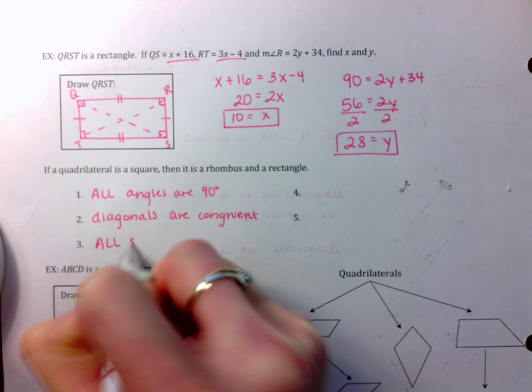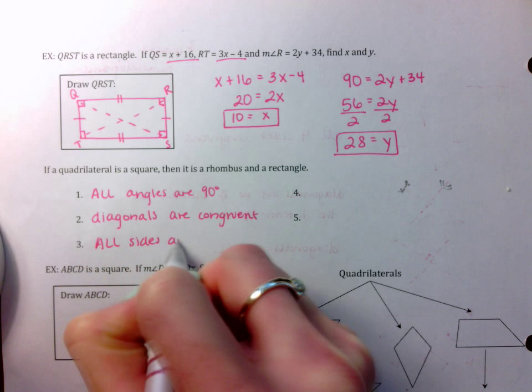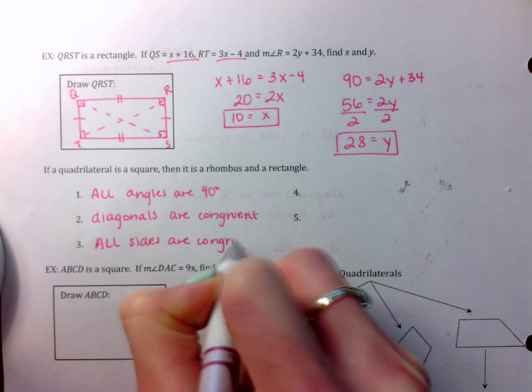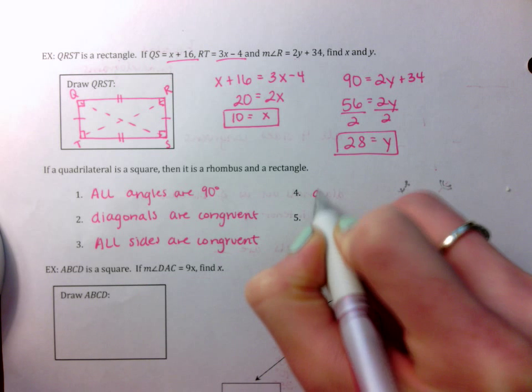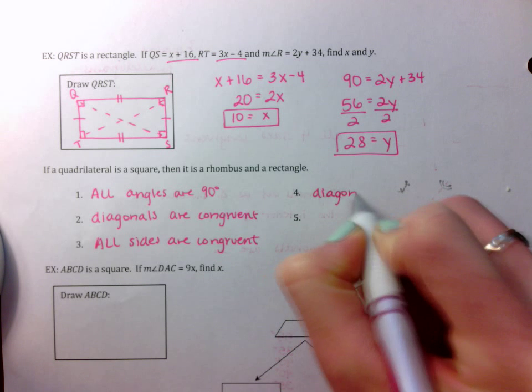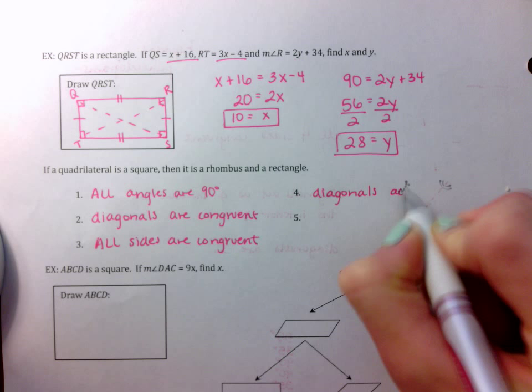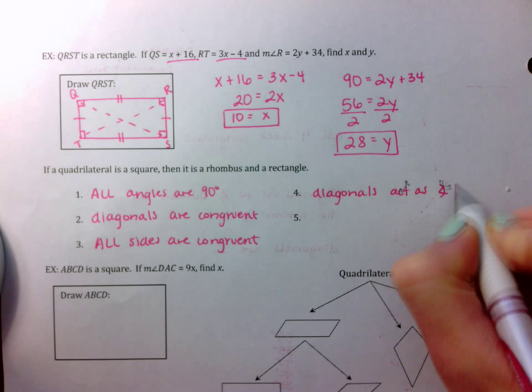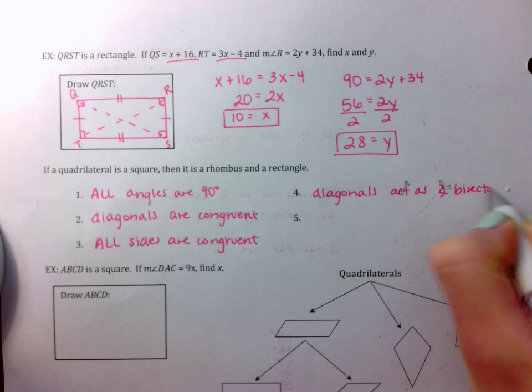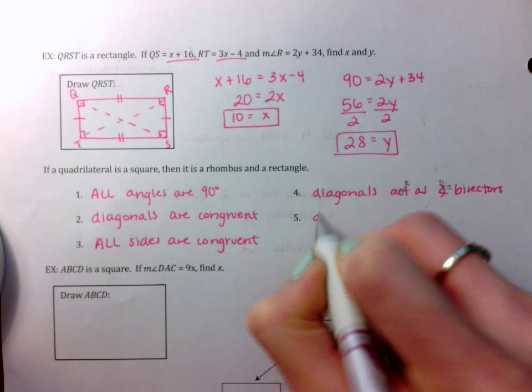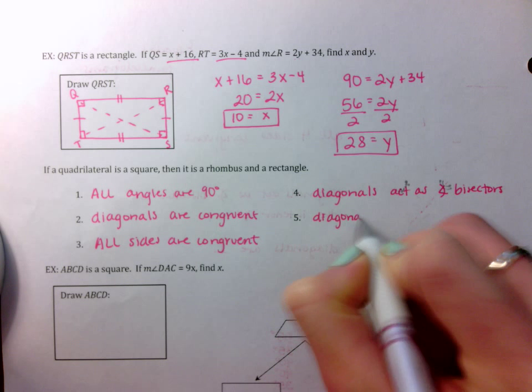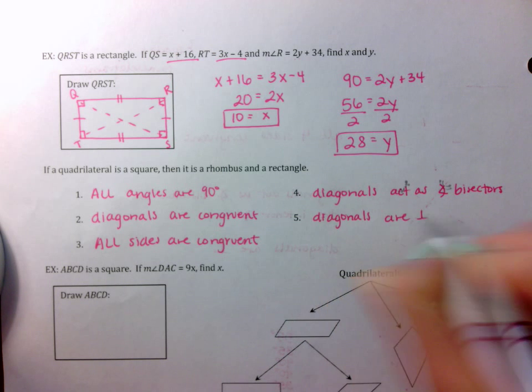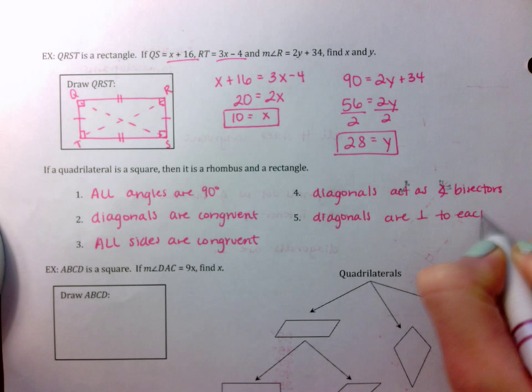All sides are congruent. The diagonals act as angle bisectors, and the diagonals are perpendicular to each other.